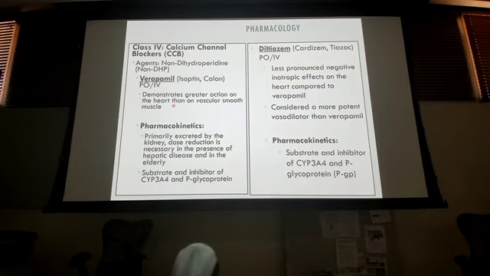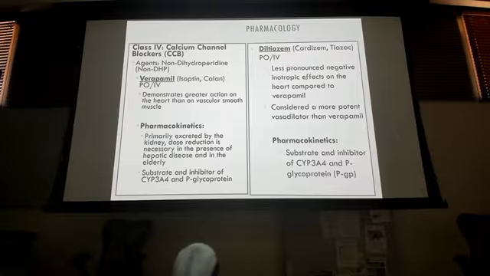I'm not worrying about my vasodilation, okay? Your PK effects, renal excretion, all the things that you guys have already seen before, CYP interactions. Diltiazem is not as strong or as effective as verapamil.